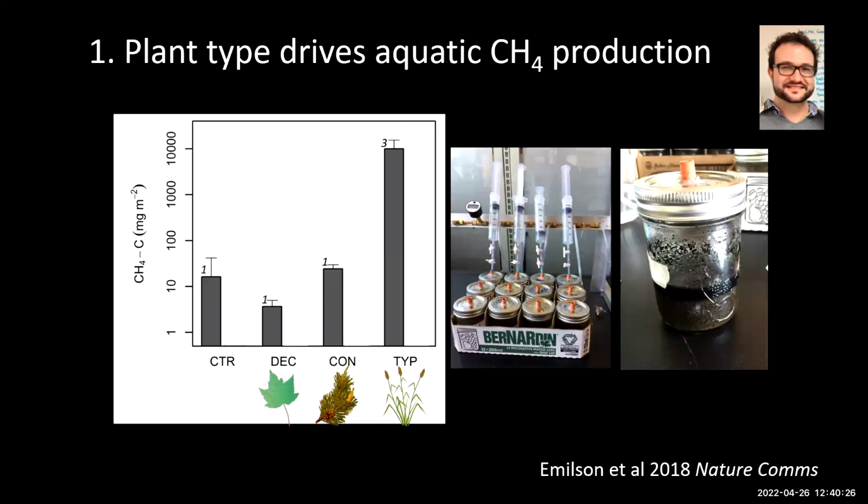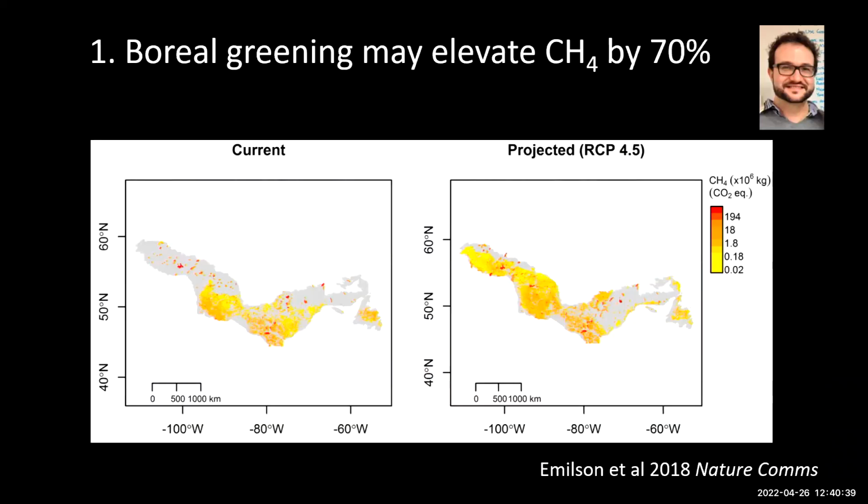And so what we've done is that from these results, we've taken species distribution models to forecast how cattail distributions will spread under a warmer climate under the Lake Ridge boreal shield that we've studied. And so these are the current day projections, where we've taken the occurrence of cattail and converted that into an estimate of the greenhouse gases that are going to be released from those lakes, versus the projected estimates.